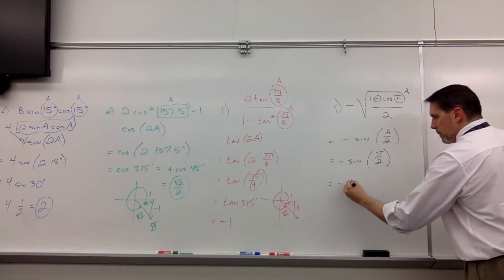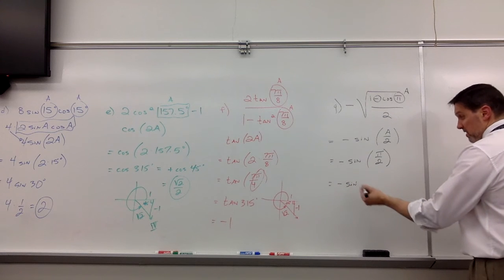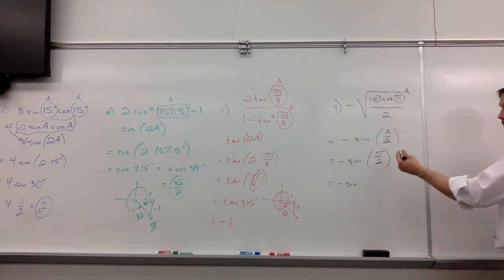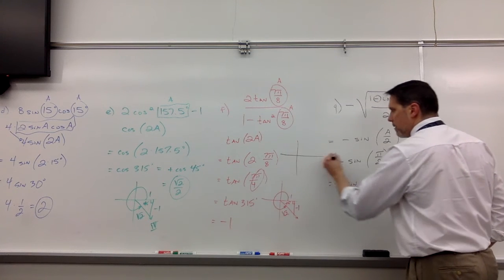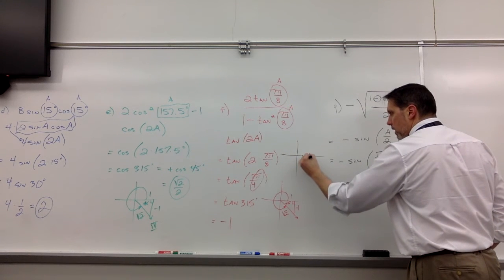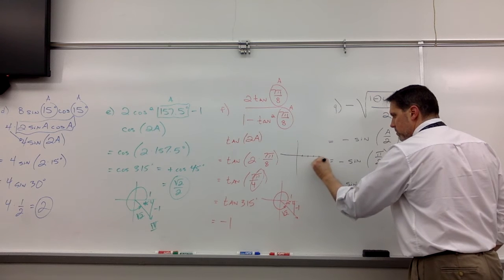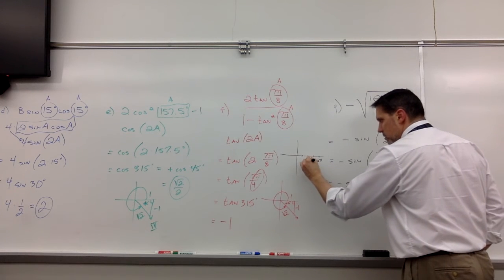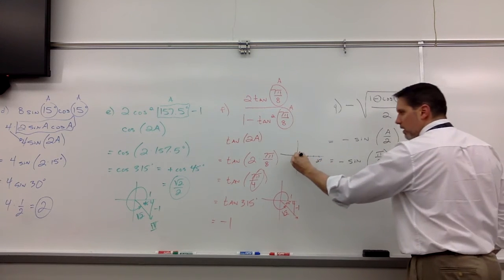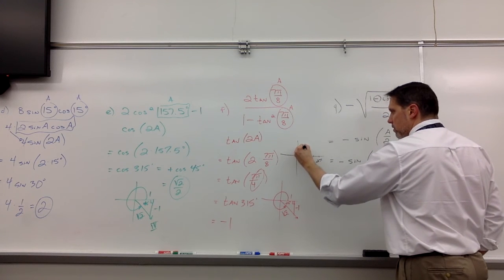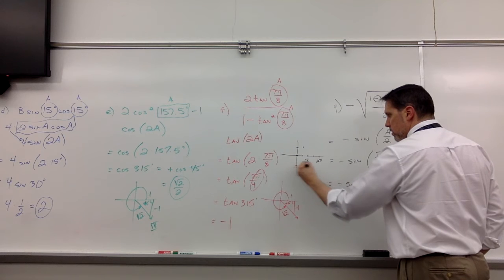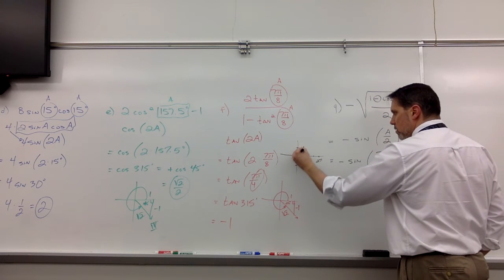Pi halves is 90 degrees, or we could just think what the sine of pi halves is. It is quadrantal. When you graph a sine, remember how that works. I'll use 2 slashes here because we're interested in what happens at pi. Sine starts right here on the y-axis, climbs, then falls, then who cares?